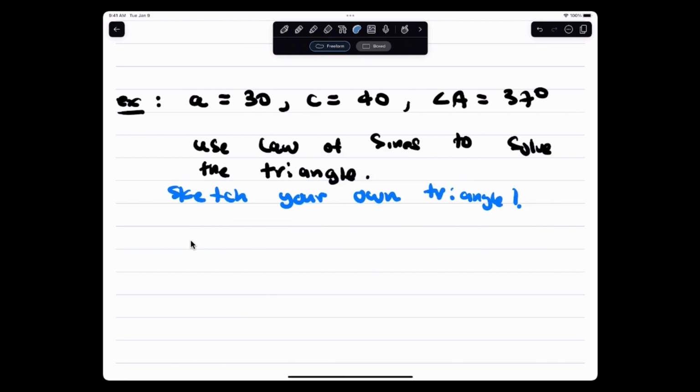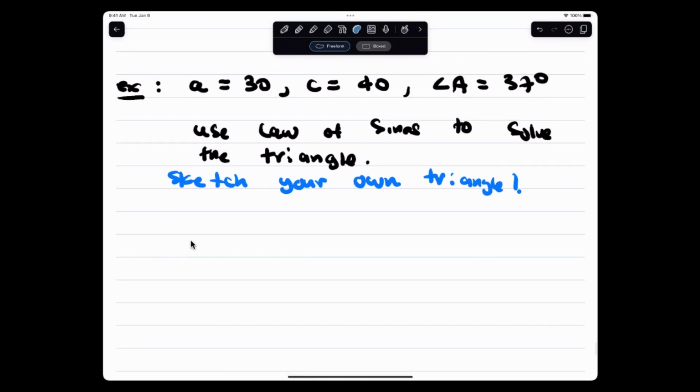Well, here's what I want to remind you guys. First of all, law of sines, don't sketch a right triangle. Is that right? You can't have a right triangle. Law of sines doesn't apply to a right triangle. It applies to a what? Oblique triangle. So you sketch a what? Oblique what? Triangle.